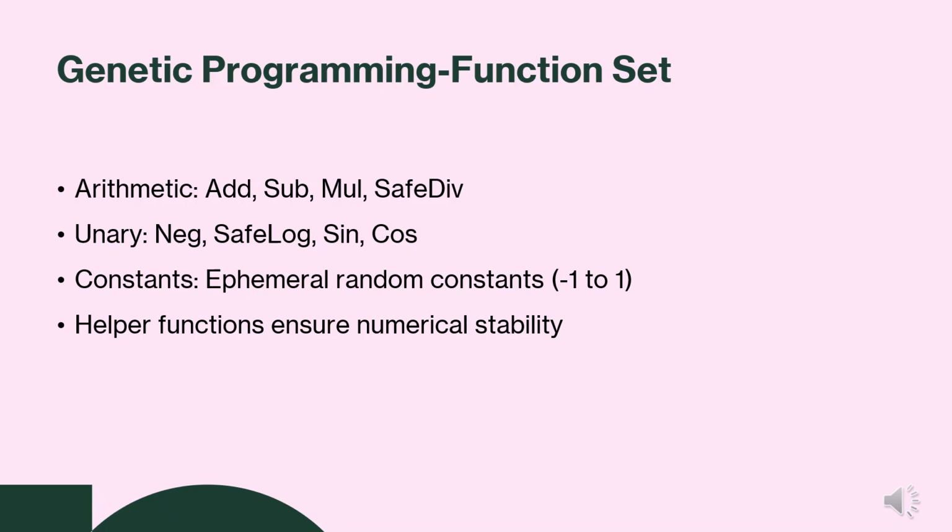We also use unary functions including negation, a safe logarithm, and trigonometric functions like sine and cosine. We also allowed the use of ephemeral random constants, which are small numerical constants between -1 and 1. All helper functions are designed to avoid numerical errors and keep the evolutionary process stable.